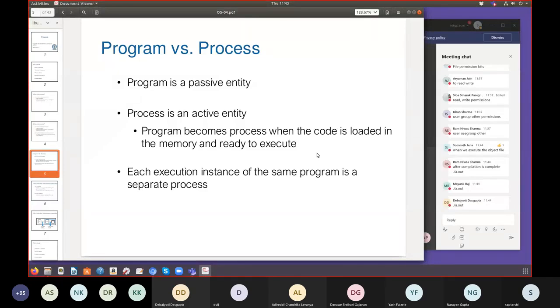Another small question: is it possible that multiple processes from the same program are being concurrently executed?